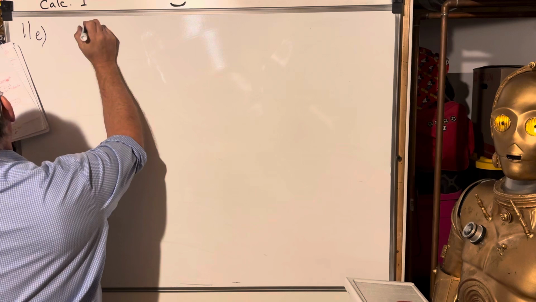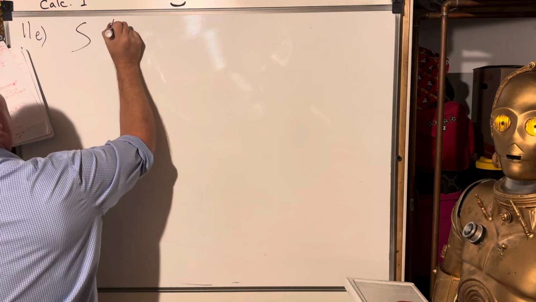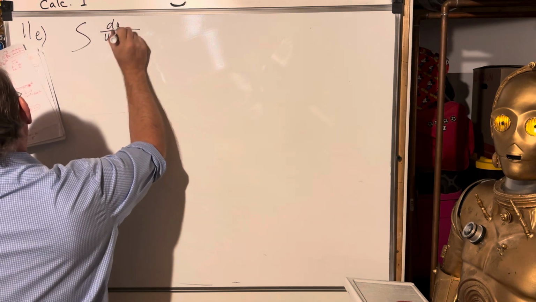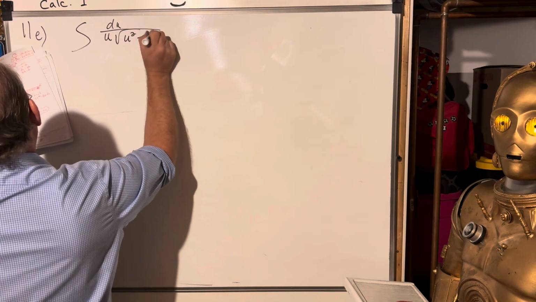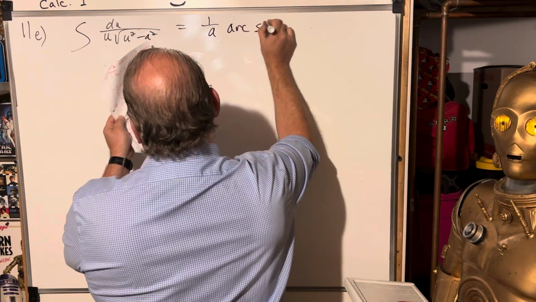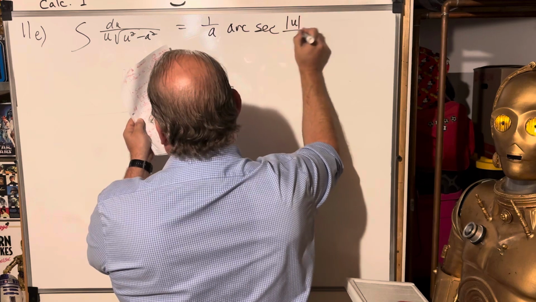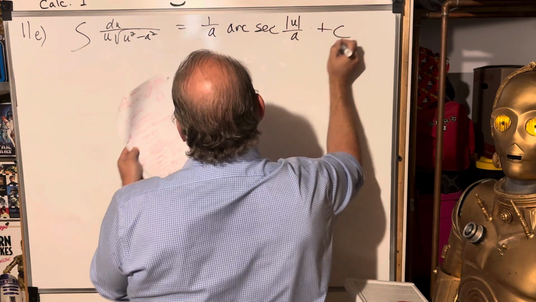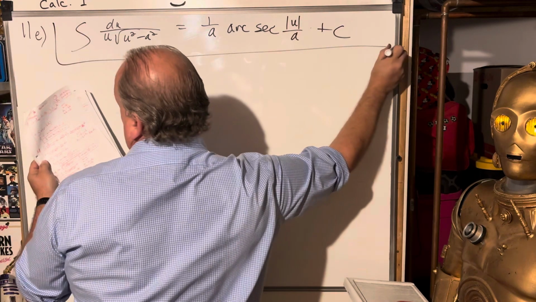We're going to use du over u square root of u squared minus a squared equals 1 over a arc secant of the absolute value of u over a plus c. That's what we're using for this one.